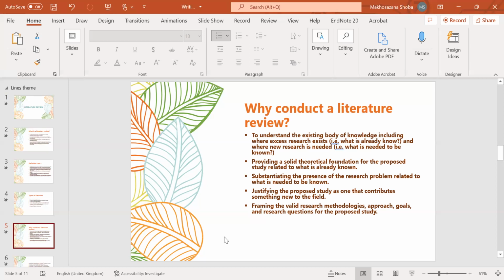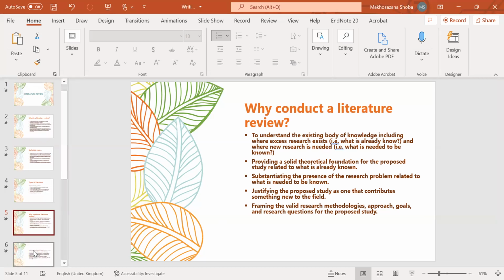So reading the literature or exposing yourself to reading will help you to choose valid research methodologies, whether qualitative or quantitative, approaches also to your study, and also what research questions you will come up with later on.